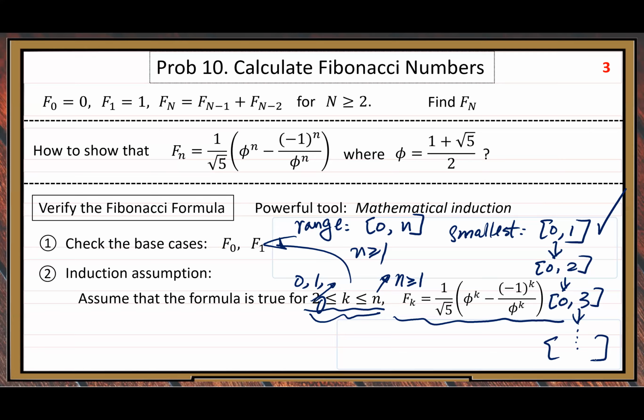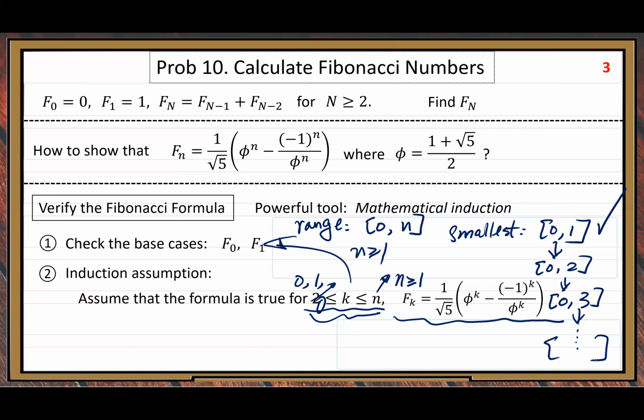Then we are done. That's the idea. So in step 3, we need to show we have the capability to enlarge the range. You have that capability to grow the range, then you get the whole statement.